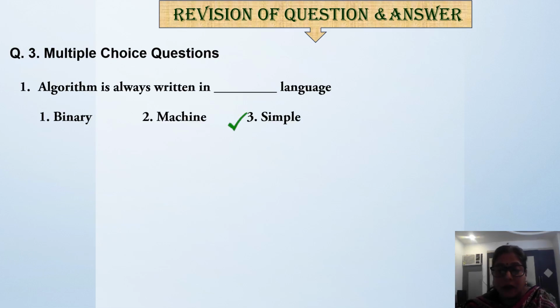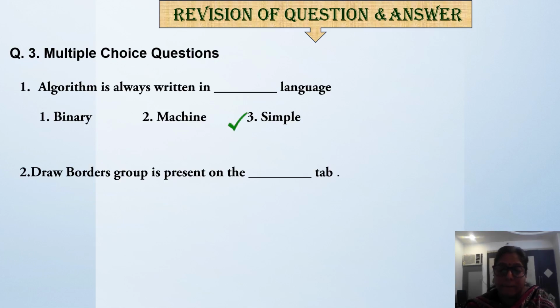An algorithm is always written in simple language. Second: draw borders group is present on dash tab. Which tab? Layout, design or insert? Yes, the answer is design tab. It is present in the design tab.